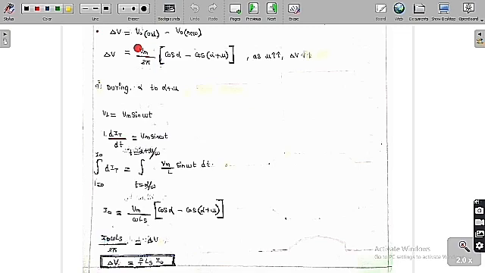To find the amount of change in the average output voltage, it is V0 old minus V0 new, because V0 old is greater than V0 new. V0 old is Vm by 2 pi into 1 plus cos alpha, whereas V0 new is Vm by 2 pi into 1 plus cos of alpha plus mu. So finally we get Vm by 2 pi into cos alpha minus cos of alpha plus mu, where mu is the overlap angle.